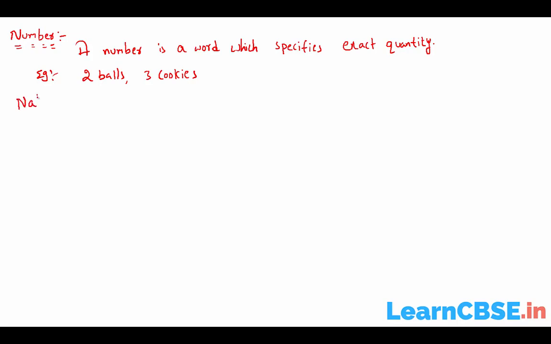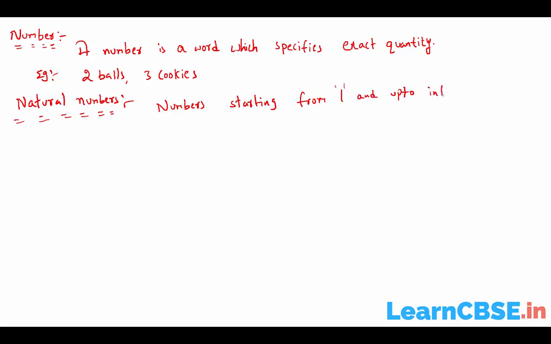Next, natural numbers. Generally we call them counting numbers. Numbers starting from 1 and up to infinity are called natural numbers.